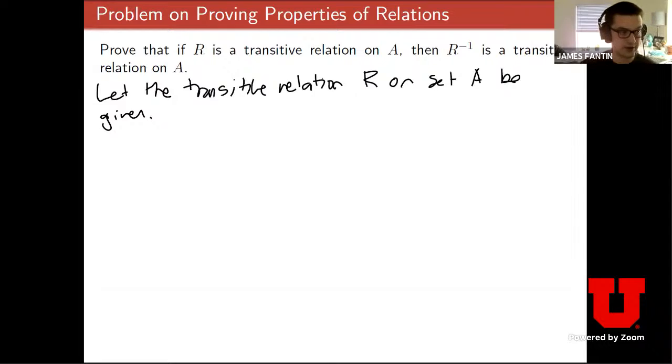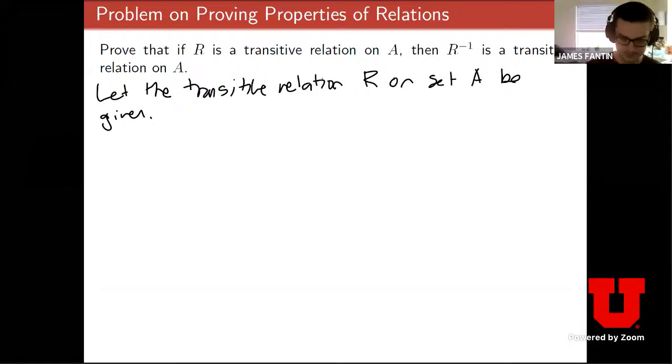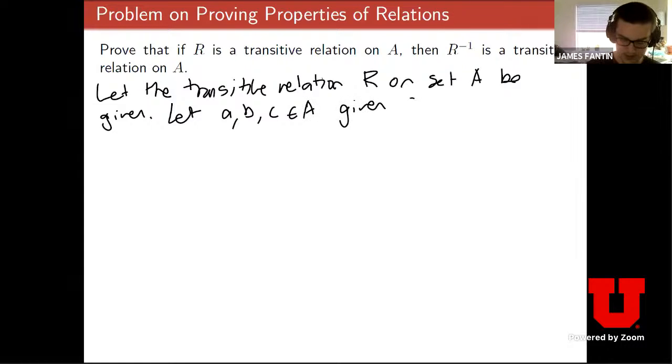When we start proving transitivity, we need 3 elements in the set A. So let a, b, c be some 3 elements in the set A. For transitivity, you always assume that (a, b) is an element of our relation and (b, c) is an element of the relation, and then we just need to show that (a, c) is in the relation.